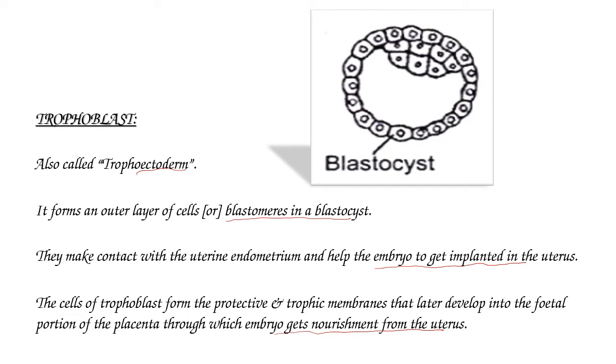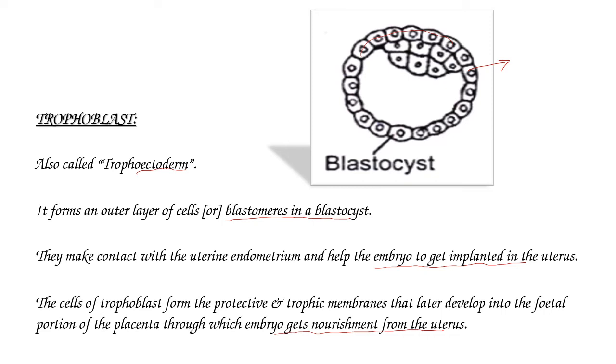During implantation, this trophoblast makes contact with the endometrium in the uterus, and in later stages it becomes part of the placenta, which is helpful to draw nutrients from the uterus.